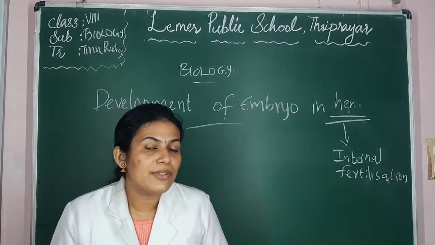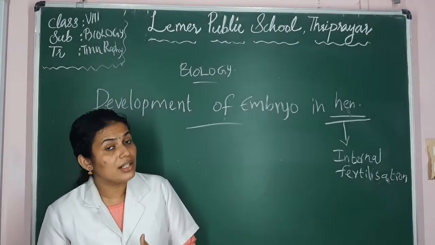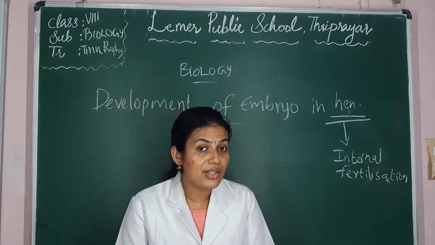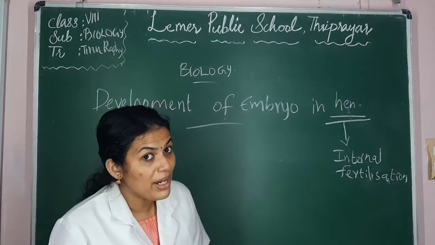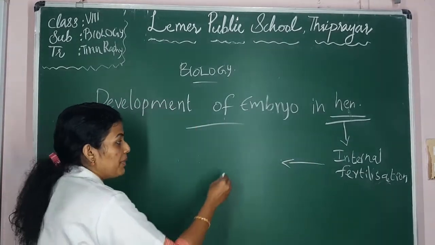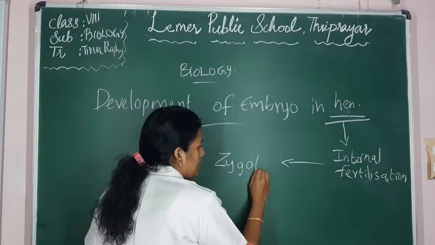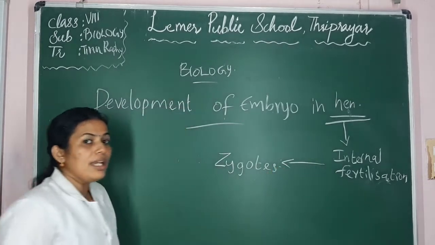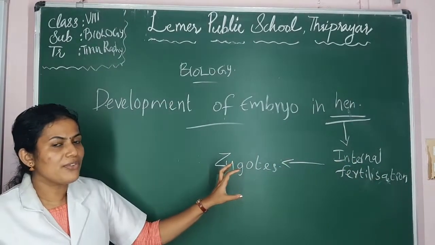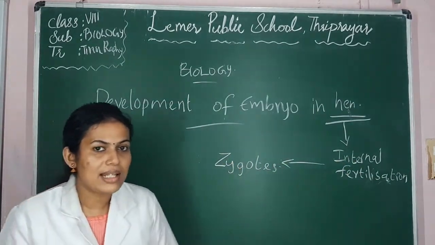So, though internal fertilization happens, what will be the result of the fertilization? Yes, fertilization leads to the formation of zygotes, isn't it? So internal fertilization in hen leads to the formation of zygote, as in all organisms.